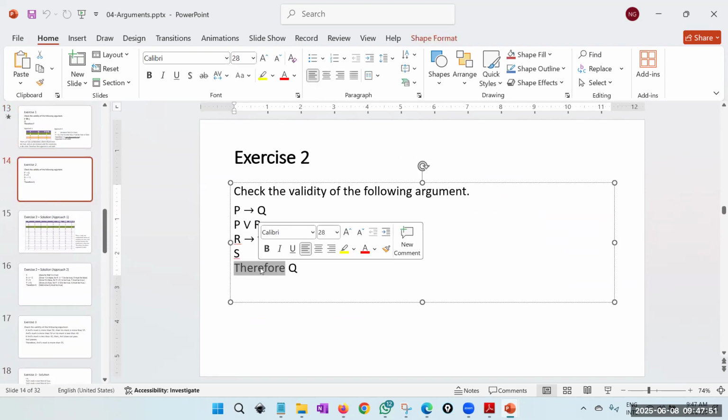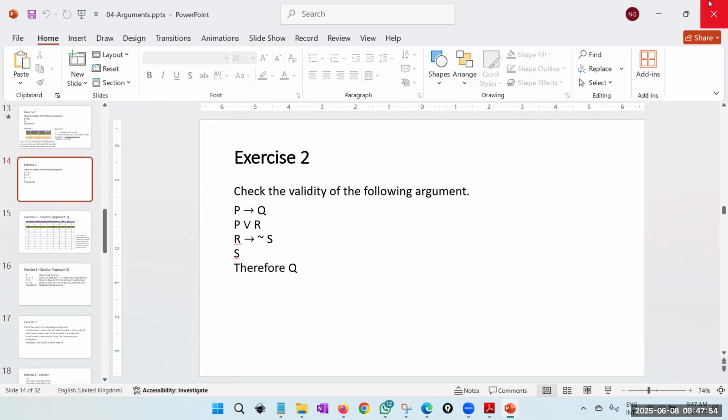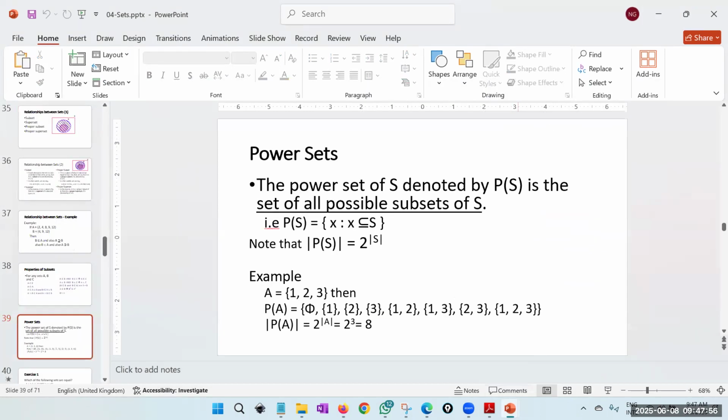This is the same as the therefore symbol. But this is valid, right? How can we say this is invalid?